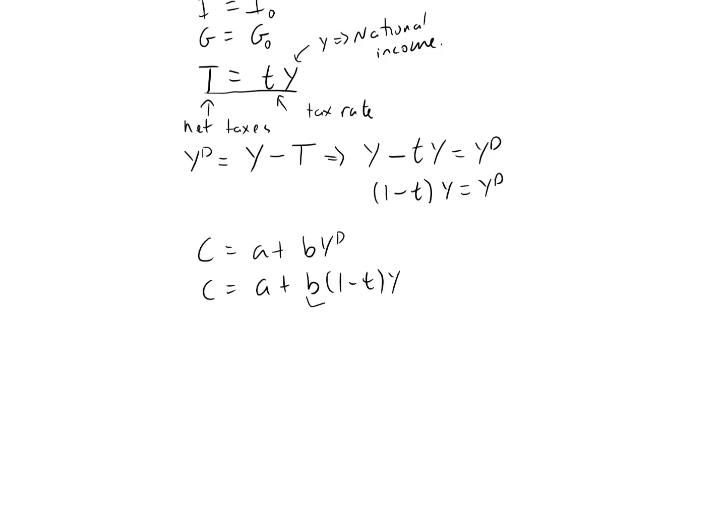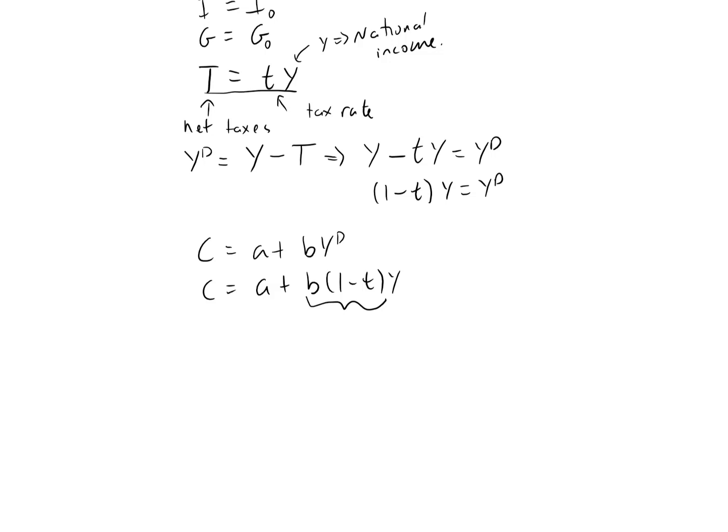Notice that the second part of the consumption function has changed, in particular the induced part of consumption has changed due to taxes. That's something to keep in mind when we solve this whole model. We'll go over this again, but that's how we've changed the model so far.